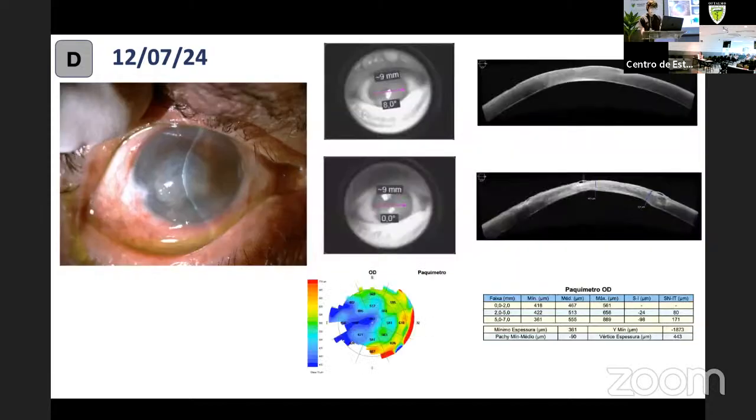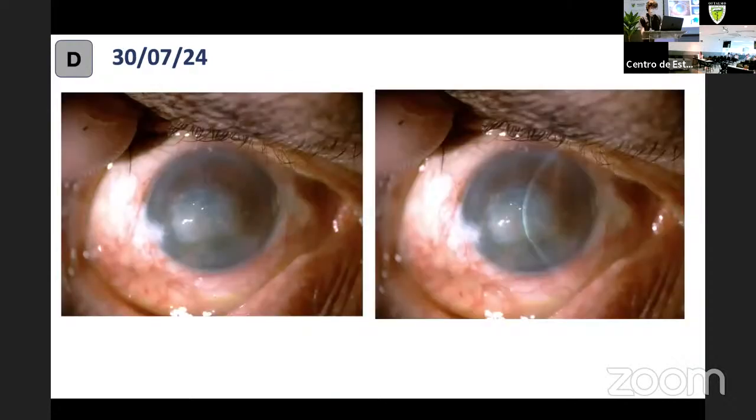We have an anterior OCT of the patient from July. And this is the last photo of July 30. We can see the inferior neovascularization.